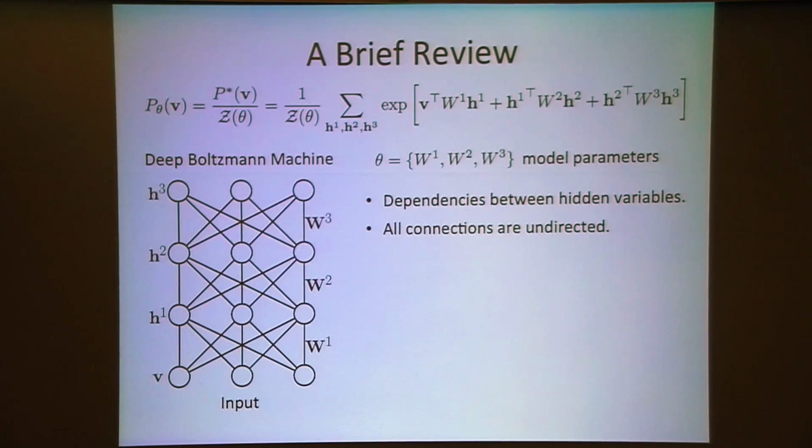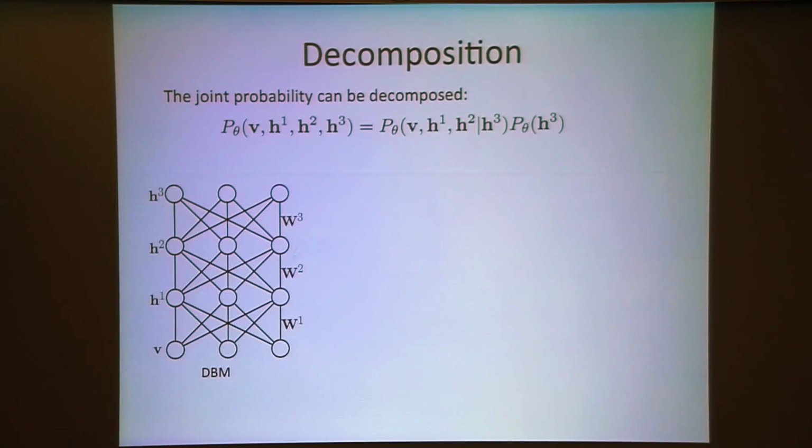And from yesterday's talk, just as a reminder, the probability of the observed input can be written this way, right? So you have interaction terms, W1, W2, W3, that are modeling interactions between V and H1, H1 and H2, H2 and H3. So this is a standard Markov random field with hidden variables. And all connections are undirected. And there is a notion of bottom-up and top-down.